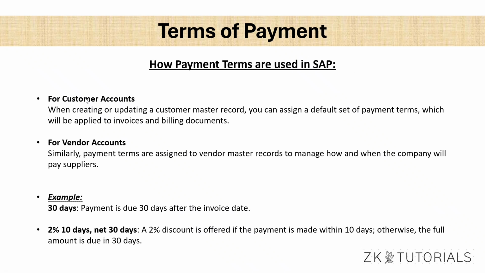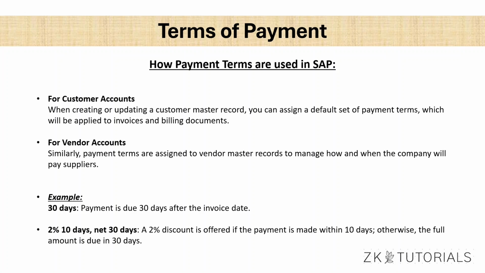Otherwise, the full payment is due in 30 days. In simple words, for customer accounts, if we see here in the first paragraph, when creating or updating a customer master record, when we are creating a customer account in BP, transaction code BP, we will assign a default set of payment terms, because for every customer we will be giving separate payment terms.